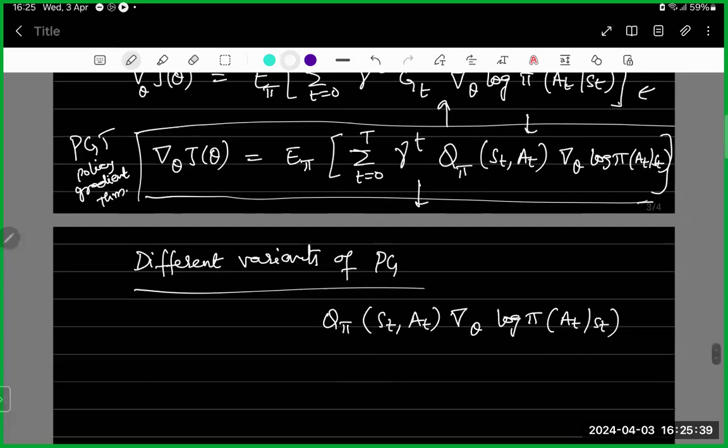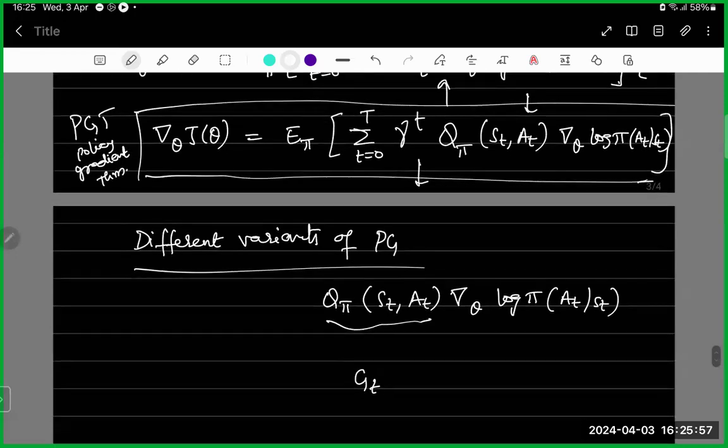Now, we can use the concept of stochastic gradient descent, which tells us instead of using this exactly, you can substitute something which in expectation is equal to this term, right? So G_t is what? What is Q pi of s_t, a_t?